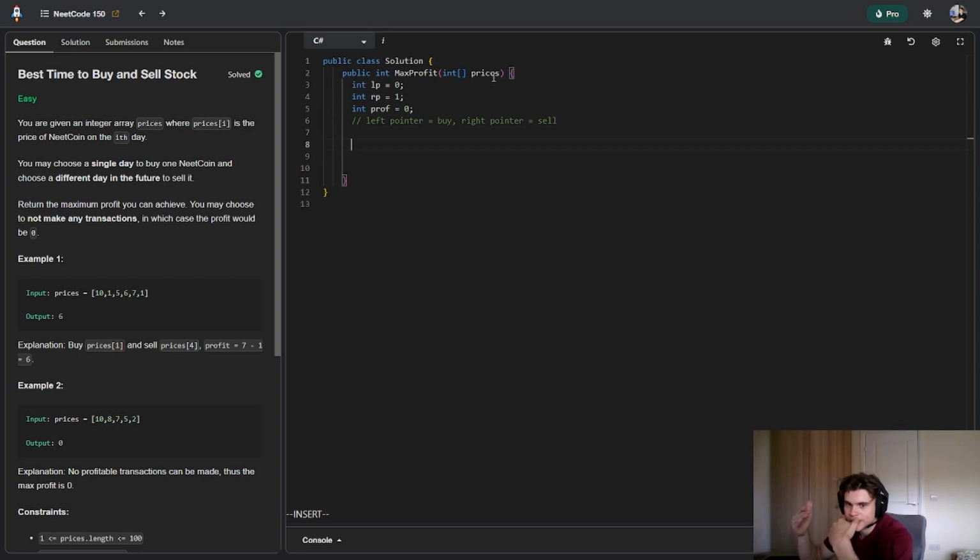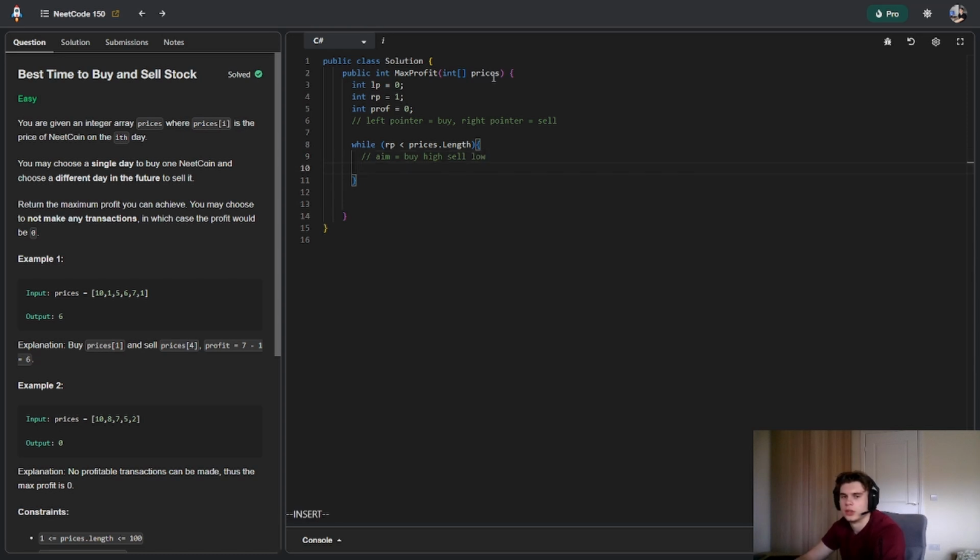So we can't usually do while left is less than right, because right is starting at 1, not the end of the array. So what do we do? We do while right pointer is less than prices.length. Right. Okay, so what do we want to work out? So aim: buy low, sell high.